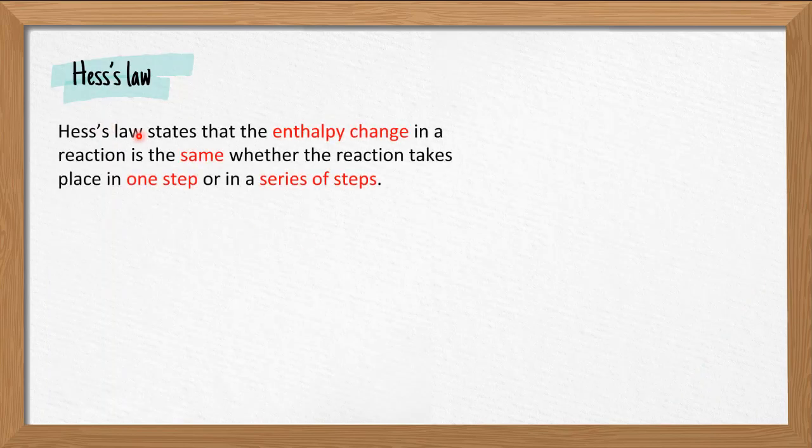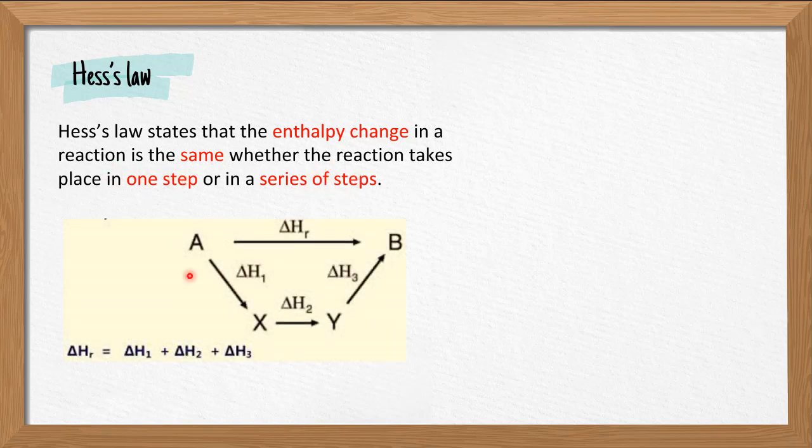So Hess's law states that the enthalpy change in a reaction is the same whether the reaction takes place in one step or in a series of steps. Referring to the diagram below, from A to B is a single step.